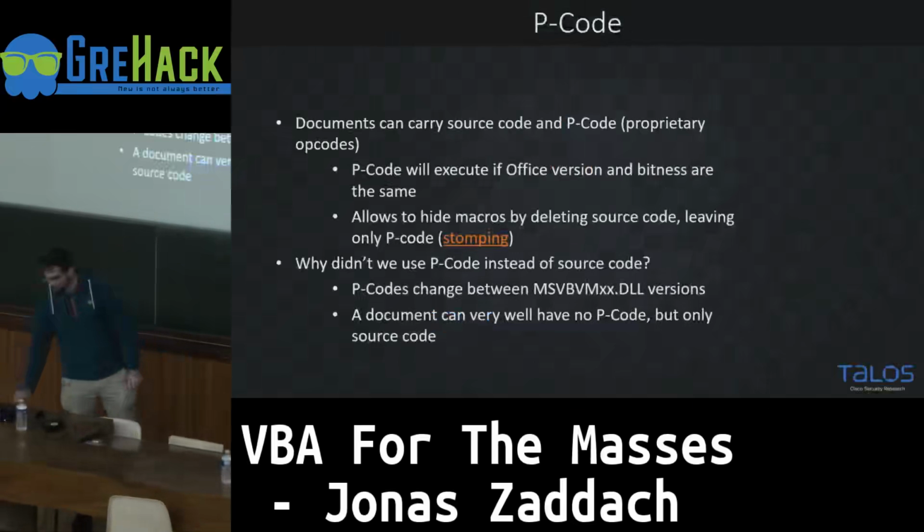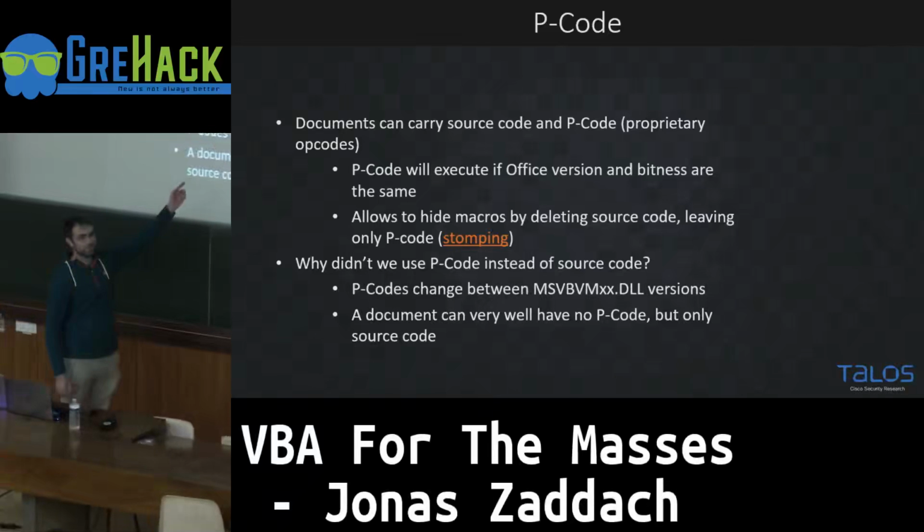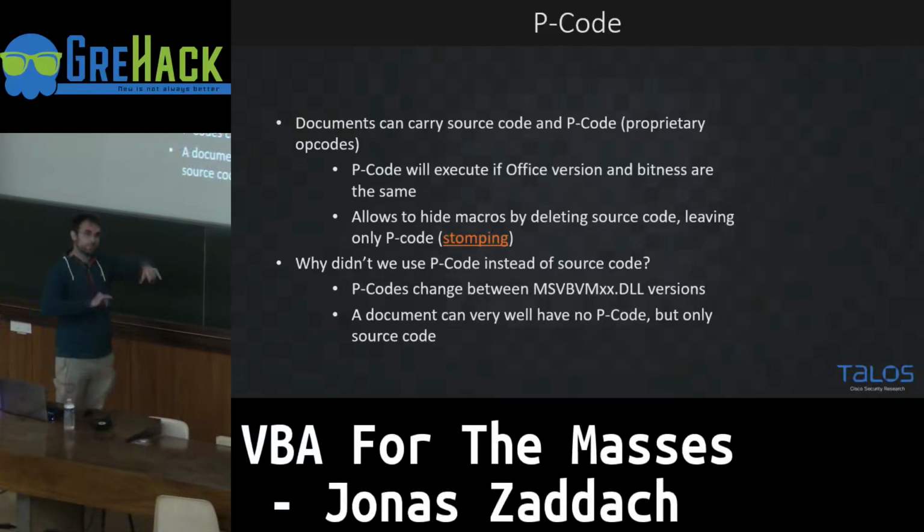If you go to the extra slide with the P code, there you actually have this corner case. Because the P code is a compiled representation, and probably what it was for is that when you open your document again, you have a performance cache, you already have the compiled version. But what they do is they check the Office version and the bitness, 32 or 64-bit, and if it's the same, then you will execute the P code. This means you can actually remove the source code, just leave the P code, and if you have the correct Office version, the P code will execute, and if you look at the source code representation, it's empty.